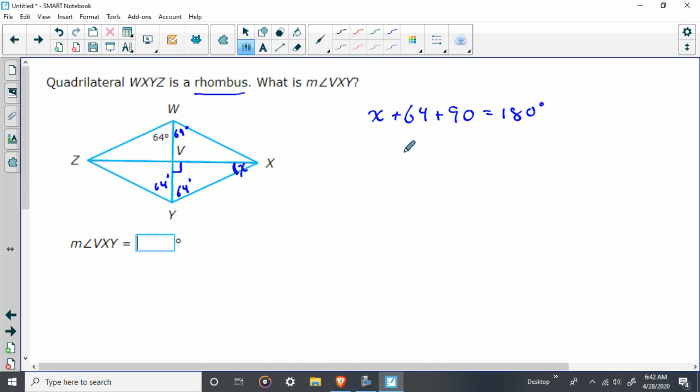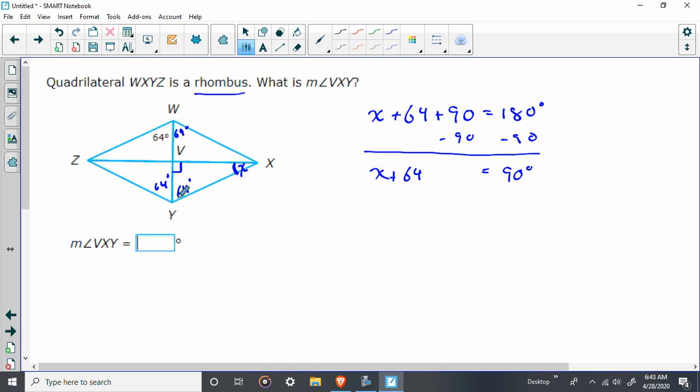We're going to see a shortcut for this in a second. When I subtract 90 from both sides, we can just say that x plus 64 is equal to 90. I know you would have combined these, but I do want to show you that if they give you two of these angles right here, you can just say they're complementary, that they add up to 90 degrees, because there's 90 degrees taken right here.